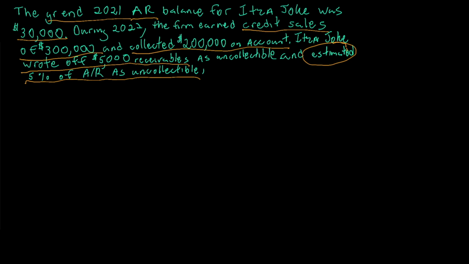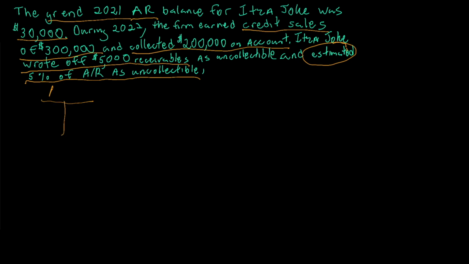And because it told us 5% of accounts receivable, that drives us to the percentage of receivables method. And so we know whenever we're applying the percentage of receivables method, we must consider the ending balance of accounts receivable. And so they've given us several illustrations or effects of accounts receivable that must be adjusted.